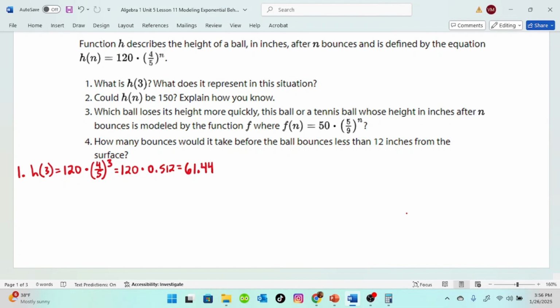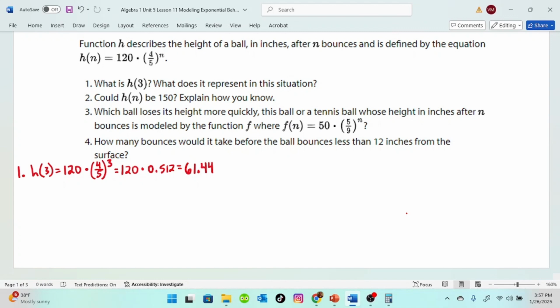Next, they want to know what it represents in this situation. Well, 3 is inside parentheses, and that would make it n. N is the number of bounces, so that would mean 3 bounces. The function itself is telling us the height.